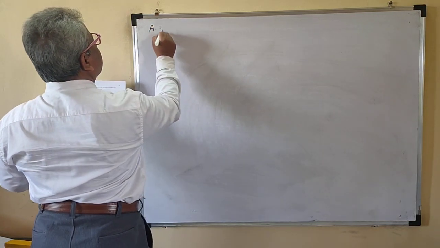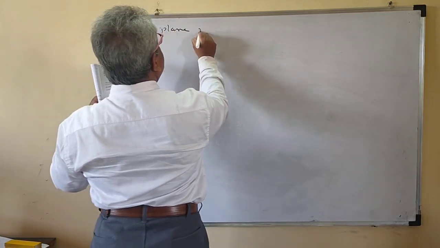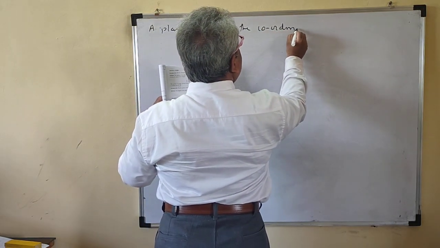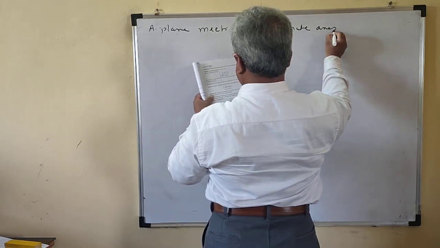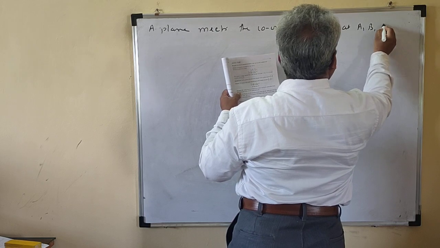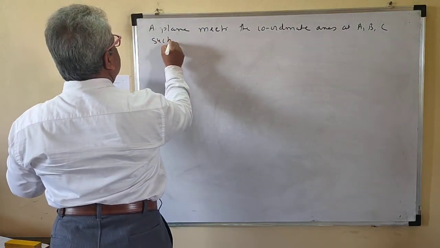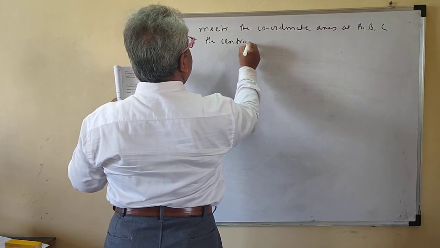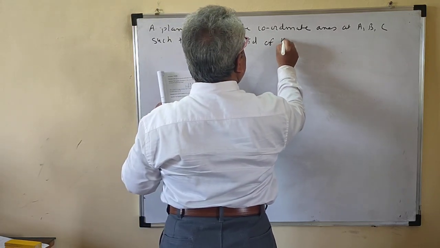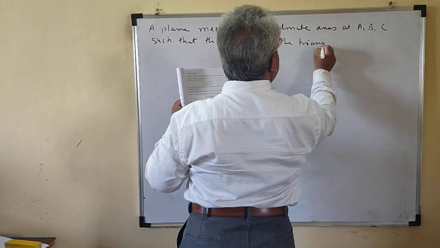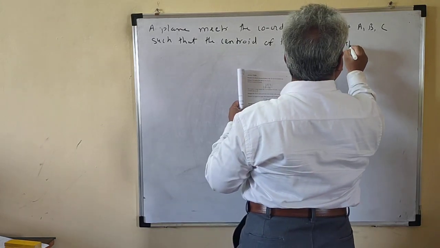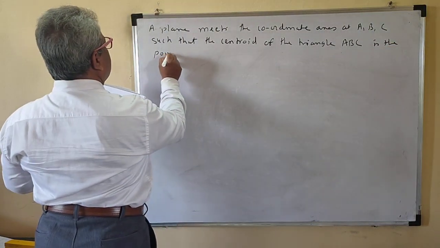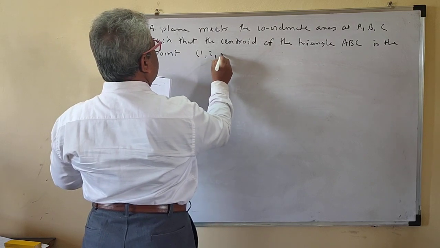Next example: a plane meets the coordinate axis at A, B, C such that the centroid of the triangle ABC is the point 1, 2, 3.